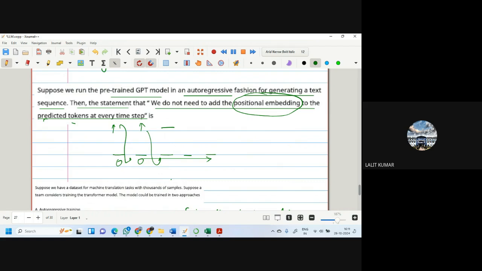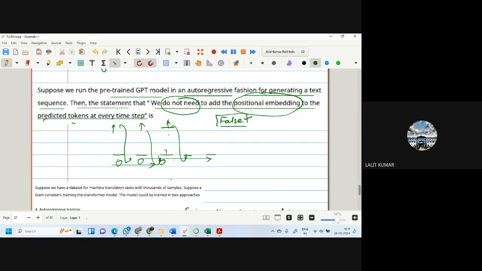Are you with me? Anyone? Yes, yes, sir. Okay, so when you are going forward, at least it should have the positional information that there were three words before, and now there is a fourth. So when it says we do not need, it means we need. It's false.